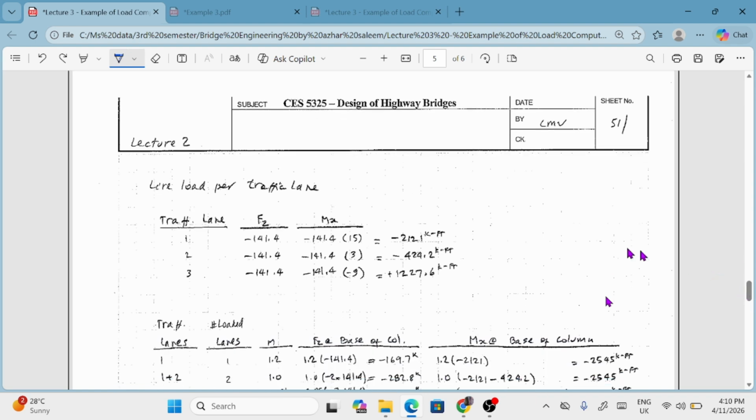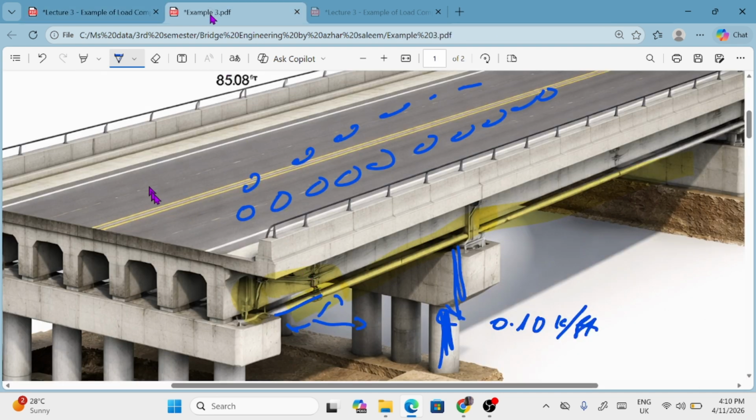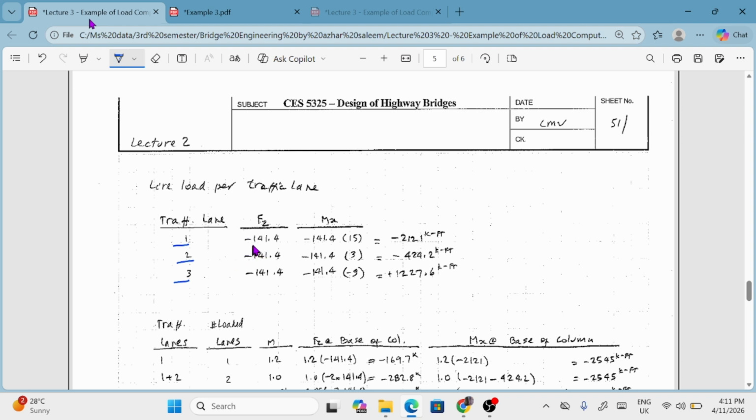Now the lane load per traffic lane. This is traffic lane 1, traffic lane 2, and traffic lane 3. For the first lane, 141.4 is multiplied by 15, since this load is applied at an eccentricity of 15 feet. So the total moment produced at the base of the pier is 2121 kip-feet.